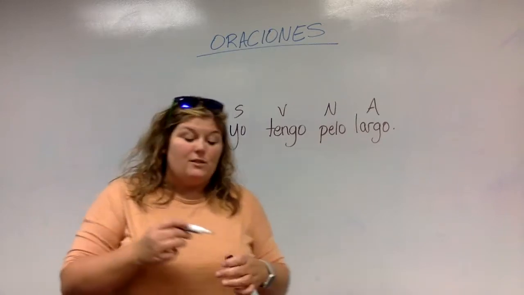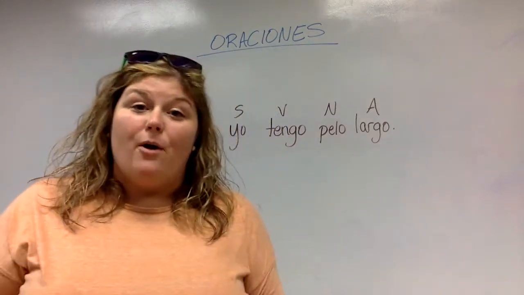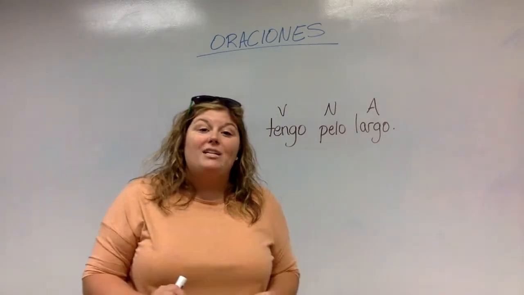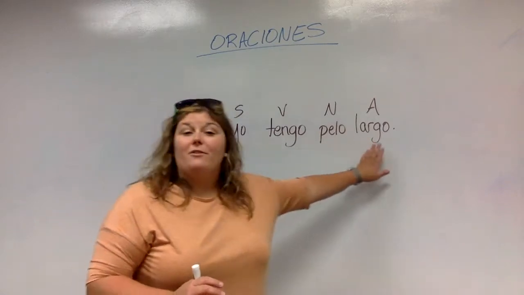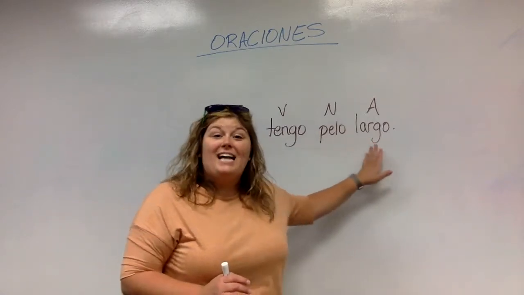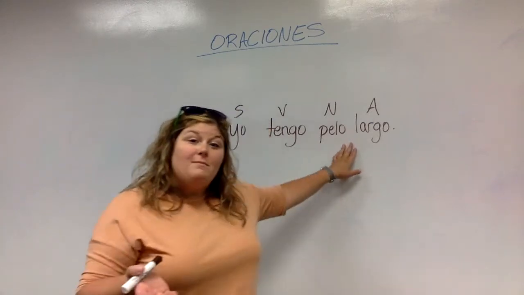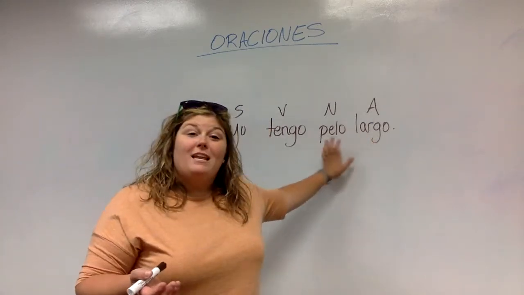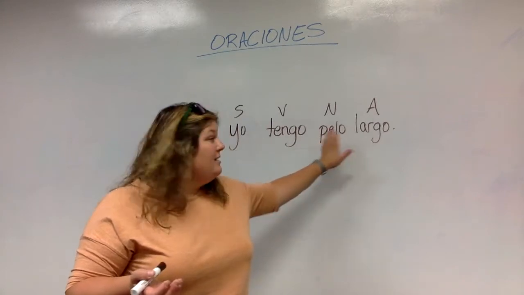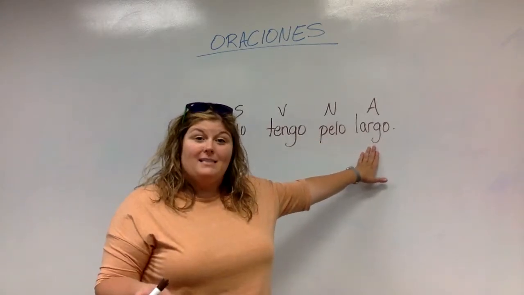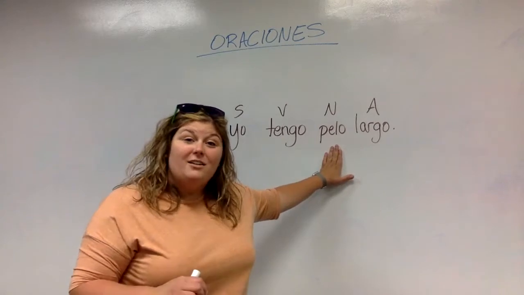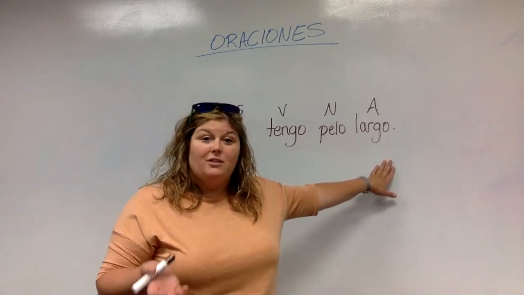Remember that adjectives always come after the noun, and they have to match the noun. Whatever the noun is, the adjective has to be as well, because it's describing the noun. And what I mean by that is that if the noun is masculine, the adjective has to be masculine. If the noun is singular, the adjective has to be singular as well.